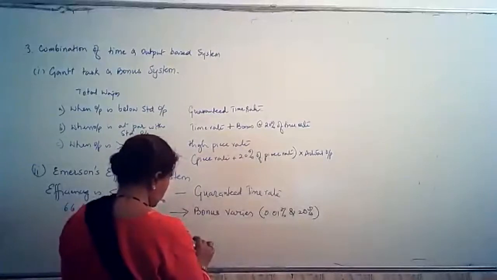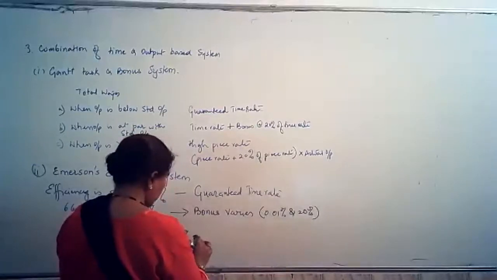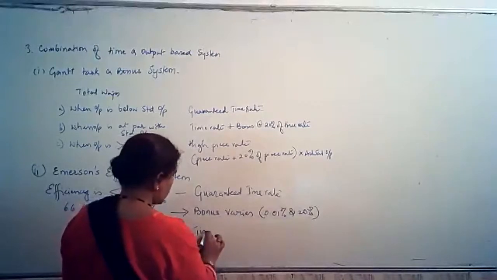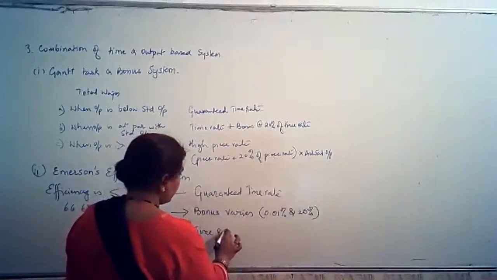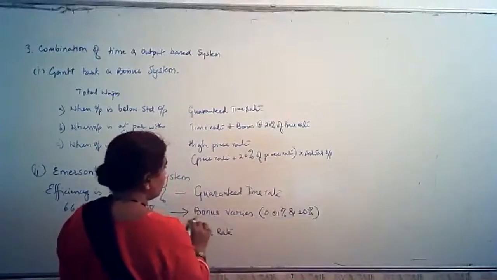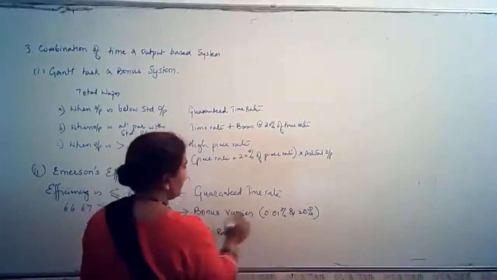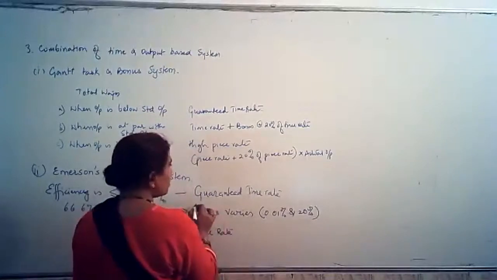So bonus, he will get the guaranteed time rate. Bonus part only I have written here. This bonus will vary. Other than the bonus, he will also get the guaranteed time rate.